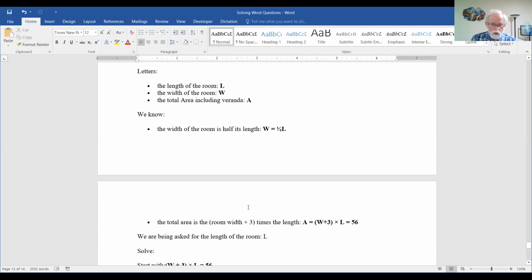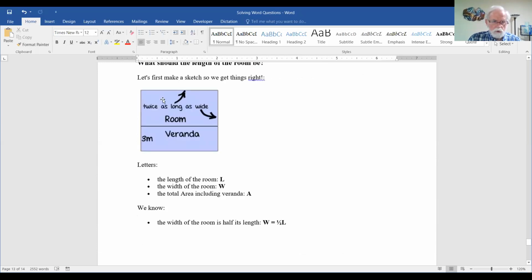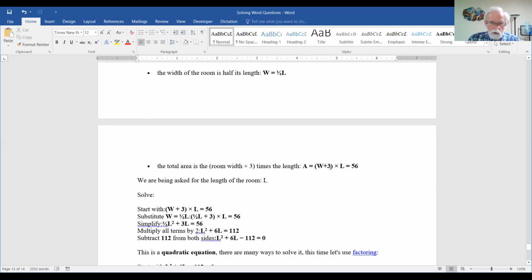Okay. So if we take this back to the area, the total area here is L times W plus 3. And we know that W is 1/2 L. So the area is W plus 3 times the length equals 56.